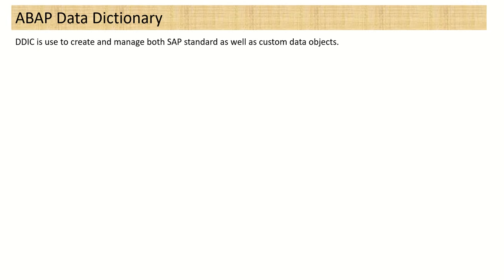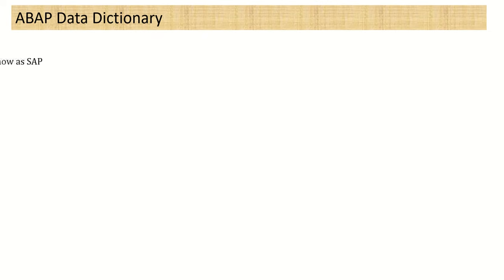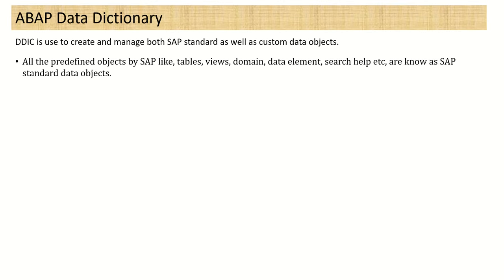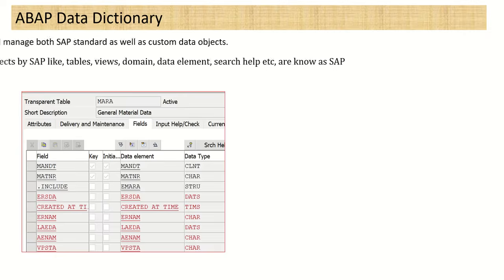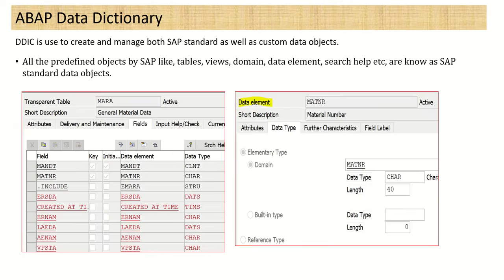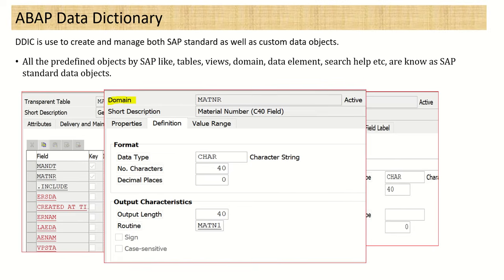DDIC is used to create and manage both SAP standard as well as custom data objects. So what is the meaning of SAP standard objects and custom data objects? All the predefined objects by SAP, like tables, data elements, domains, search helps, and views, are called standard objects.